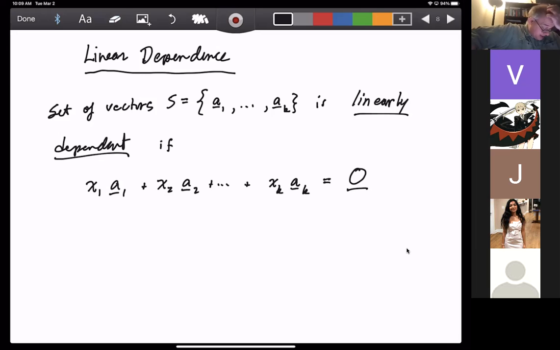So remember, we're adding up a linear combination of vectors. So this is not the number zero, it's the zero vector. The vector all of whose entries are zeros.